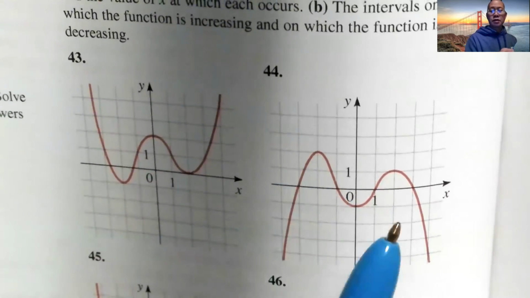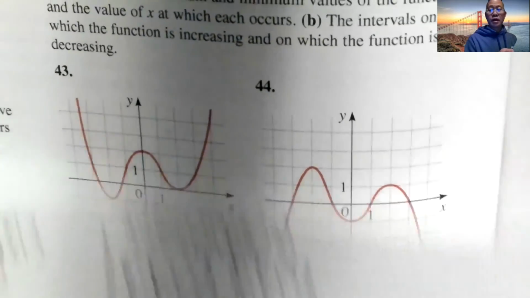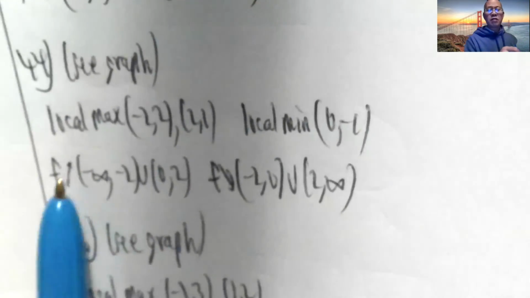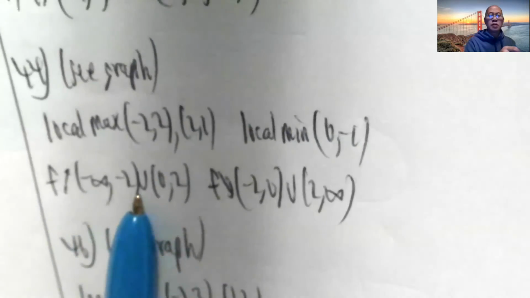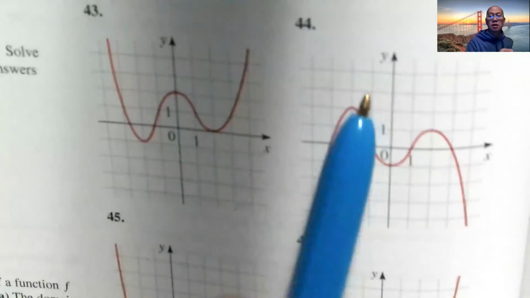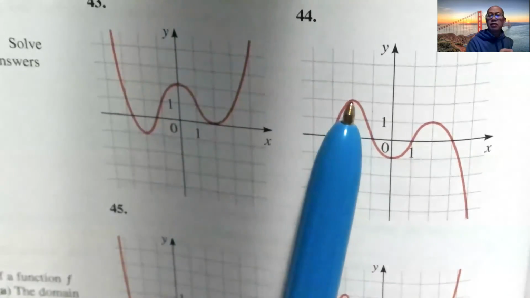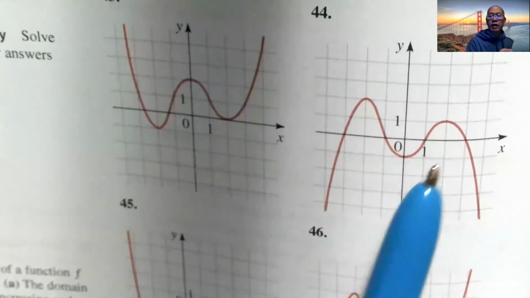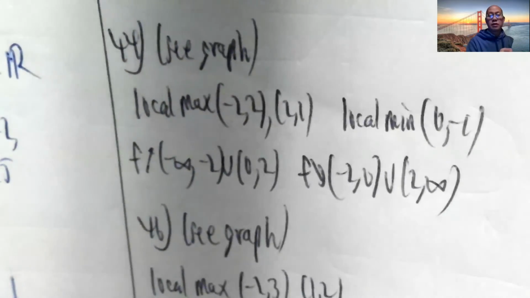I can't show you both at the same time, unfortunately. And then what I just verbalized. F is increasing from -infinity to -2, union 0, 2. Decreasing from -2 to 0. These are x values, and also from 2 to infinity. So there it is.